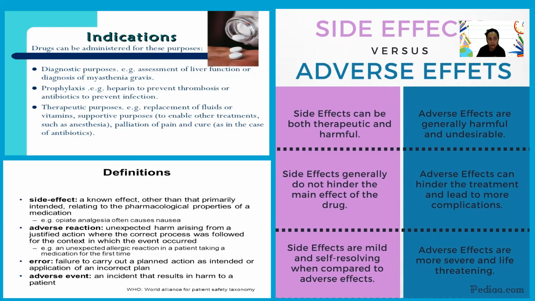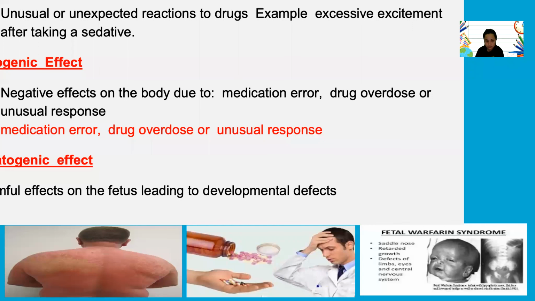It means kung ang gamot mo ay antihistamine, ang expected na magiging side effect nun ay aantukin ka. Pag sinabi mo namang adverse effects, it is the unexpected effects. Yung hindi mo expected na magkakaroon ka, like nahirapan kang huminga, hindi yun common na effect ng medication. So, mas malala ang adverse effect kaysa sa side effects.